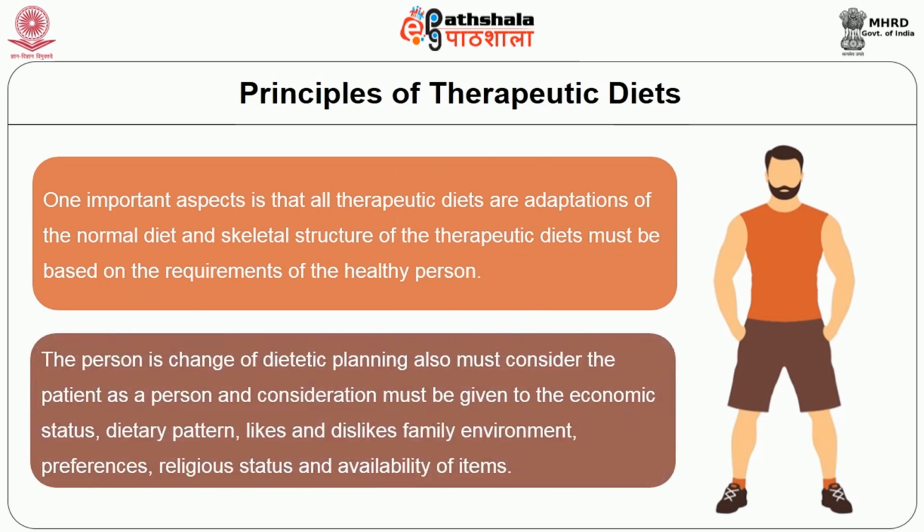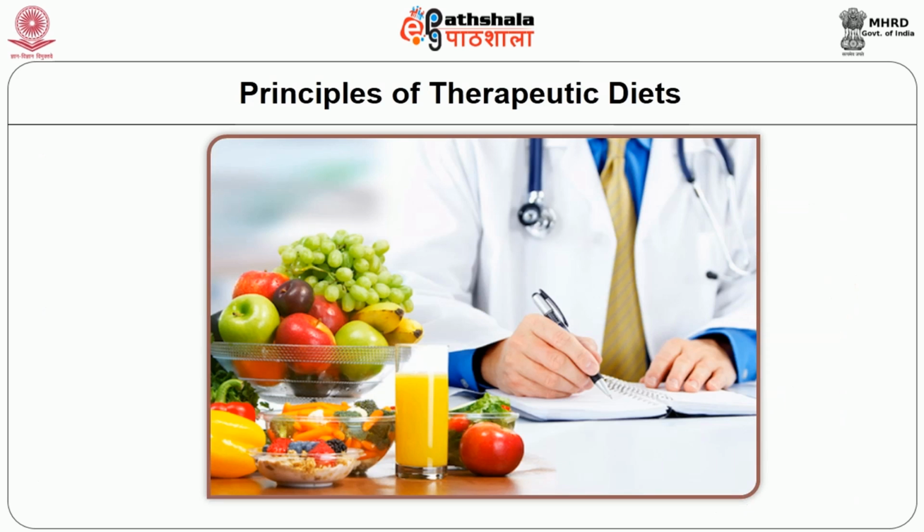The dietetic planning must also consider the patient as a person, and consideration must be given to the economic status, dietary pattern, likes and dislikes, the environment of the family, preferences, religious status and availability of the food items. Dietetics must always allow room for flexibility, and rapport with the patient is essential to make the dietetic regimen a success.